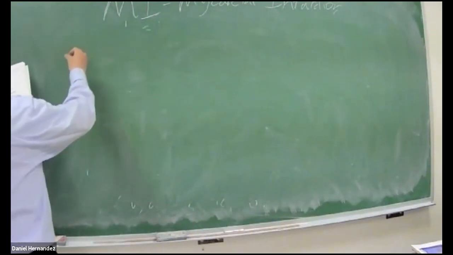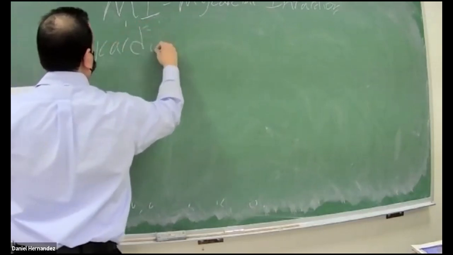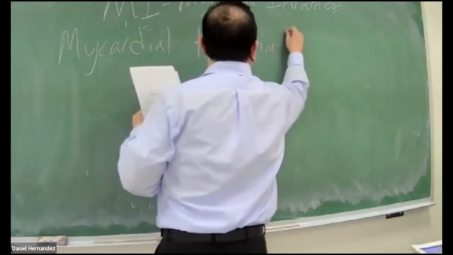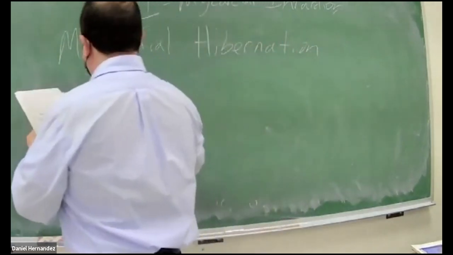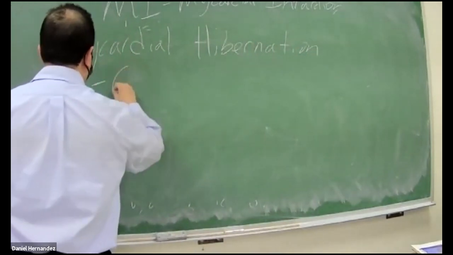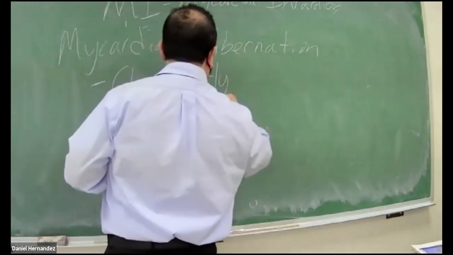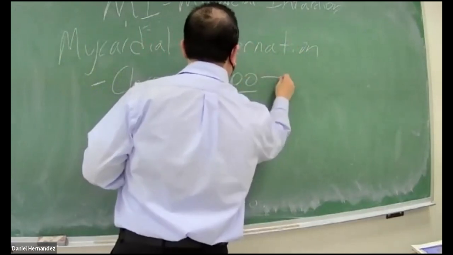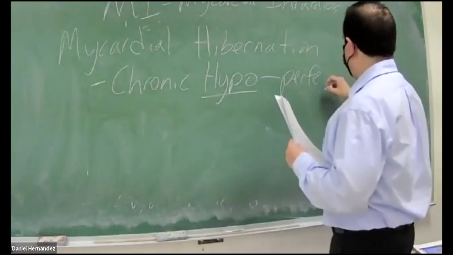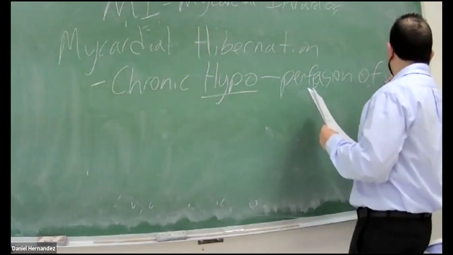You can also have a process called myocardial hibernation. This is a result of chronic hypoperfusion, so low perfusion, of myocardium.